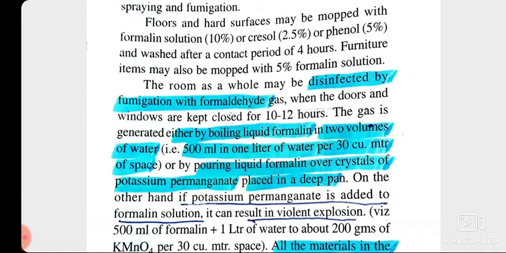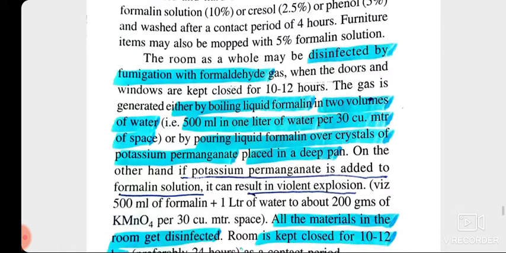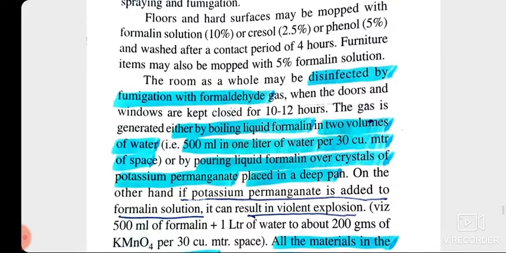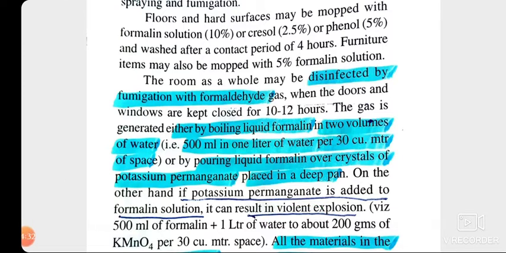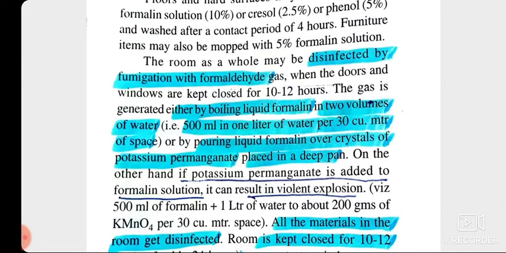We have seen the use of formaldehyde gas for fumigation. In the same way, we can fumigate operation theaters or rooms with the doors and windows kept closed for 10 to 12 hours. This 10 to 12-hour period is the contact period for proper disinfection.